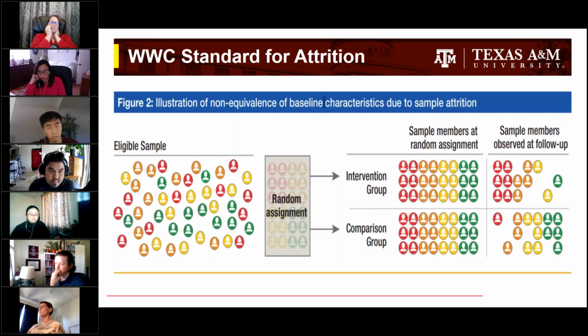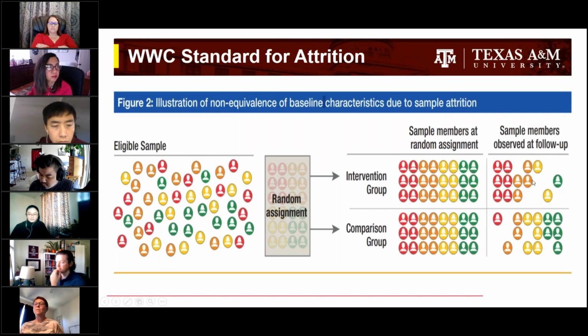So to understand why attrition is important, imagine the red circles and the orange circles are high achieving students, while the yellow circles and the green circles are low achieving students. Even if you find that the intervention group outperformed the comparison group at the end of the intervention, you cannot say it is because of the intervention.